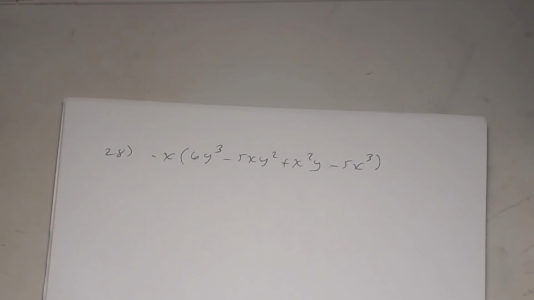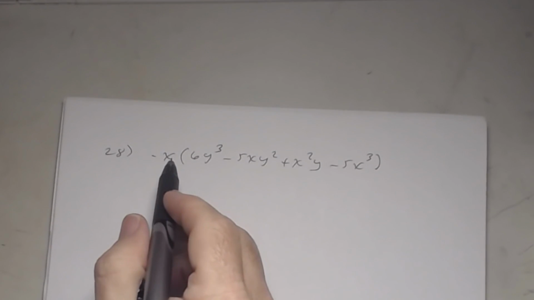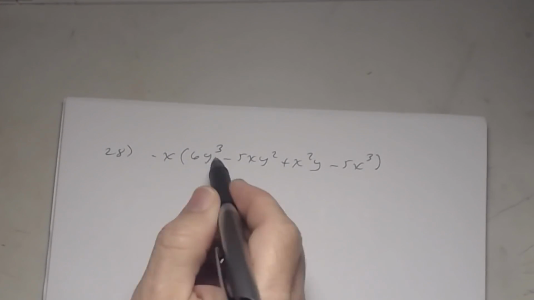So again, if you need to put in that middle step, go ahead and do so, using the distributive property to multiply these two polynomials.